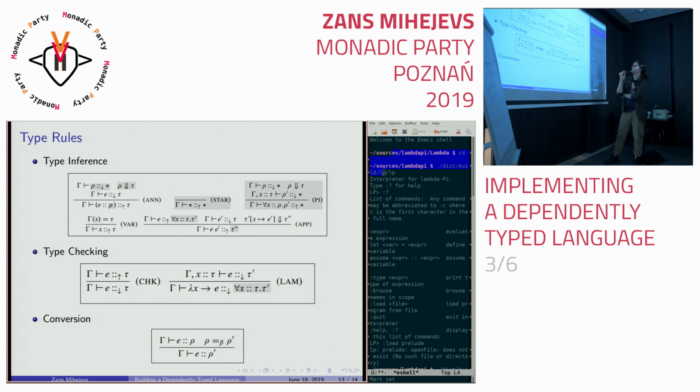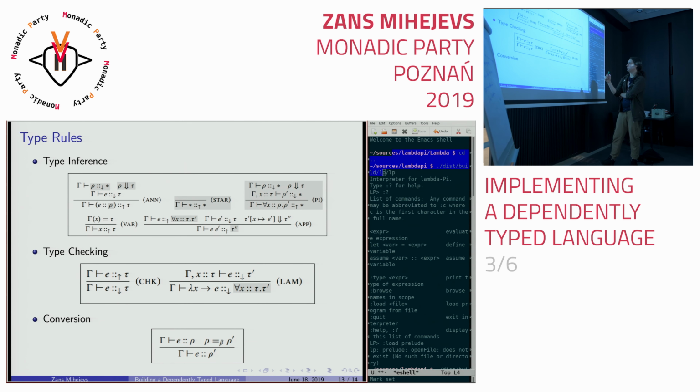Except it's happening at type level. Right, and there's also a very similar case with the lambda abstraction. In order to check the body, we have, in some context, lambda x to expression, and we can check that it's a valid dependent function space.